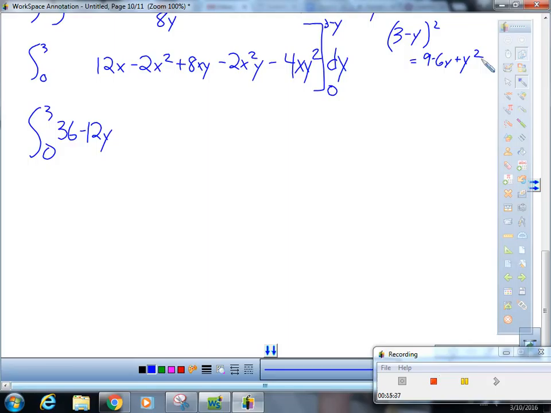So if I multiply that by negative 2, I get negative 18 plus 12y minus 2y squared.